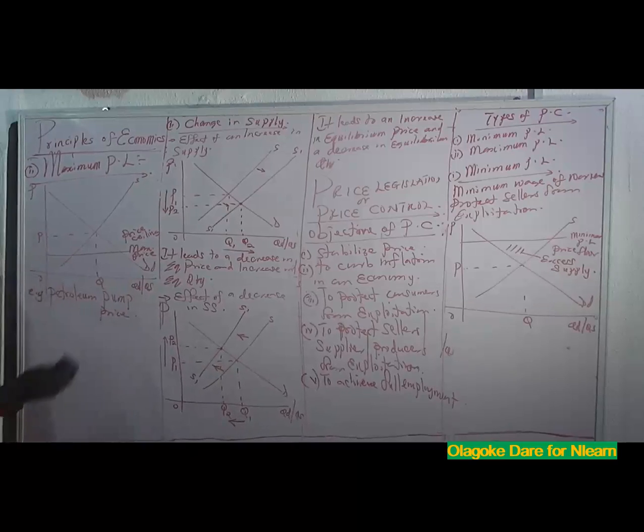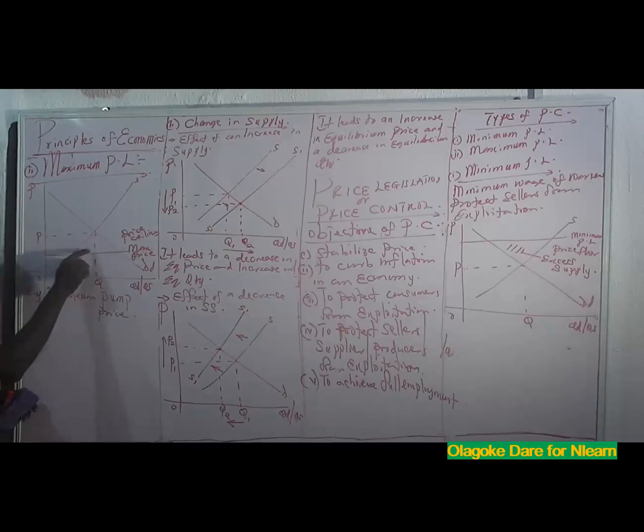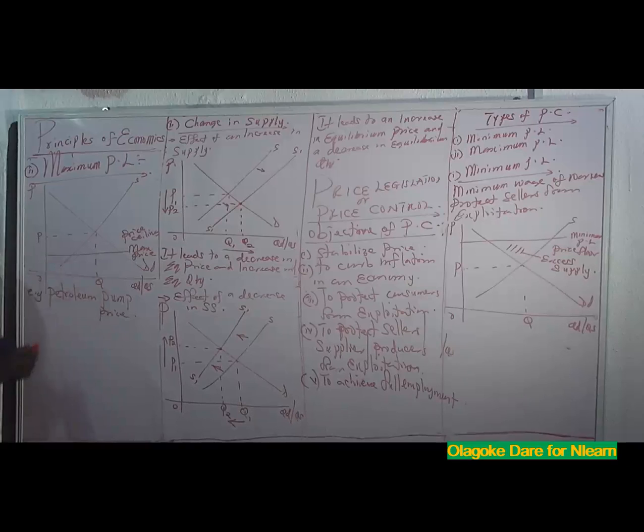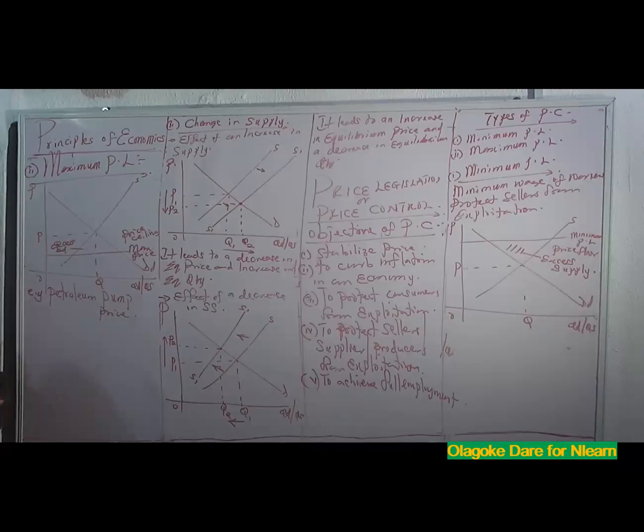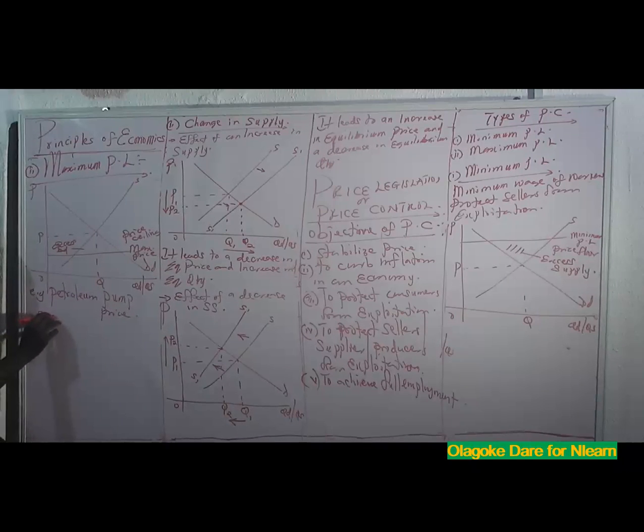Now, I said that any price fixed below the equilibrium price will lead to excess demand. The disadvantage of maximum price legislation is that it leads to excess demand of goods and services.